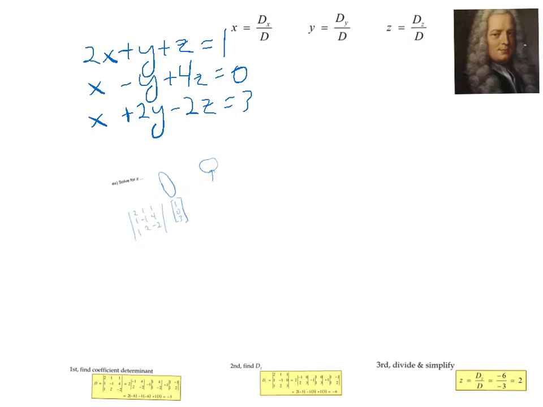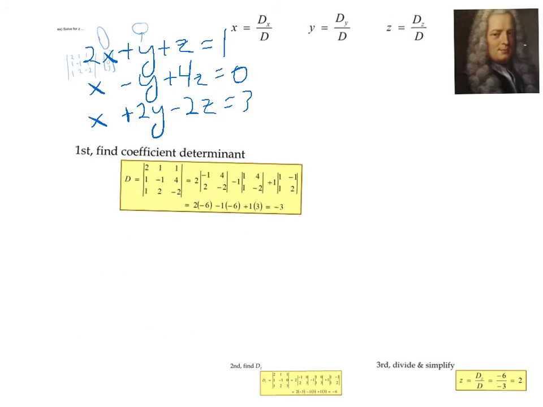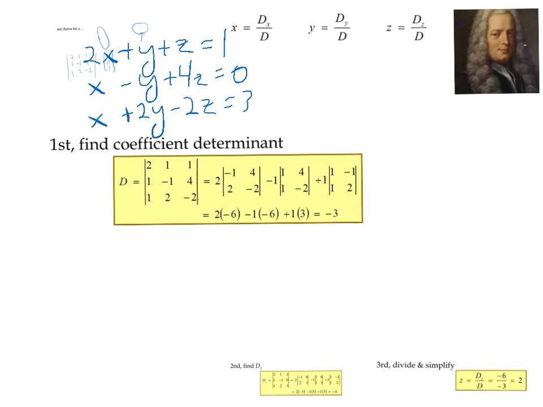First, we must find the coefficient determinant. Manually, it's right there. If you use your calculator, either way, if you do it right, you should get negative 3. Okay, great.